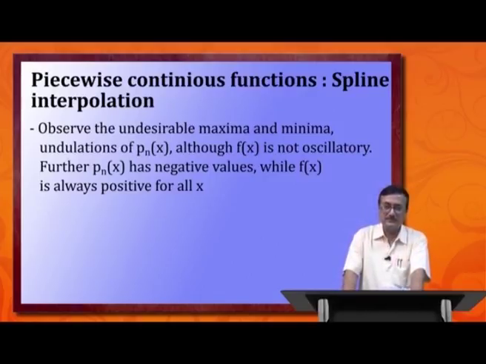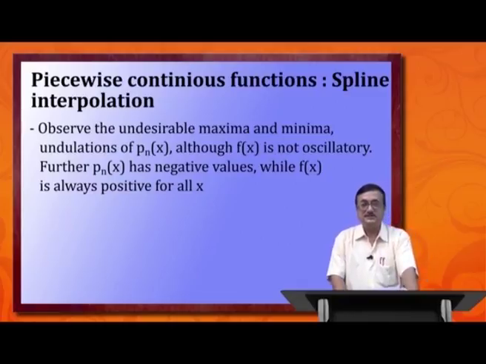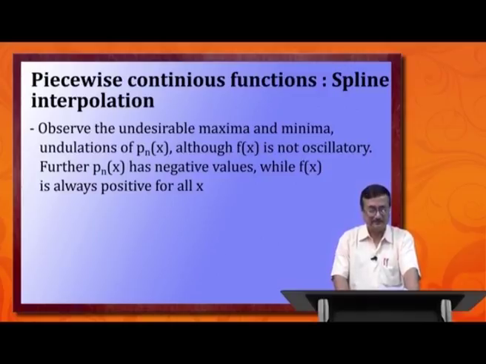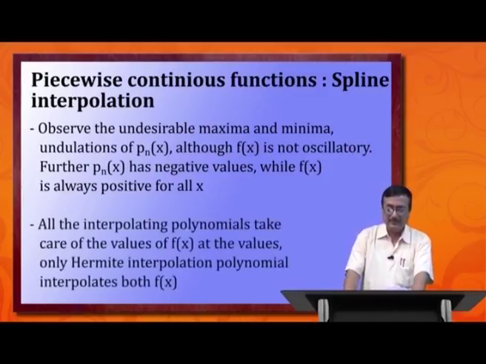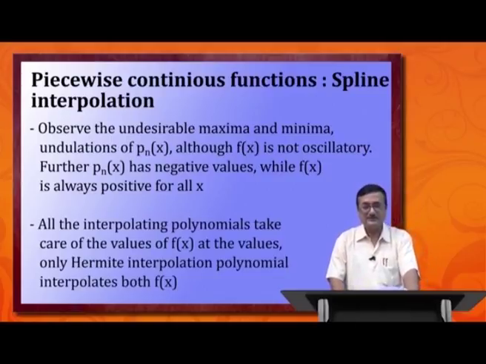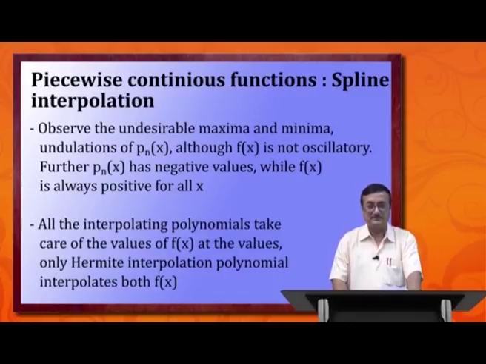So, although the curve f(x) is not oscillatory, the corresponding interpolating curve is oscillatory. Not only that, it also has some negative values, but f(x) is always positive, as is clear from the above figure. All the interpolating polynomials take care of the values of f(x) at the nodes, and the Hermite polynomial takes care of f(x) and the slope of the function at the nodal point.